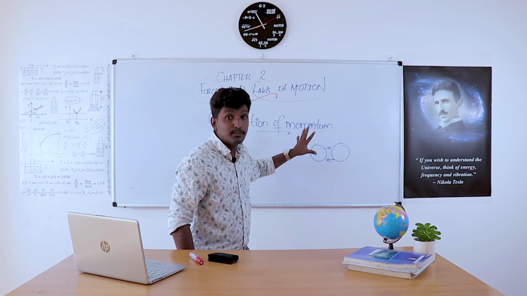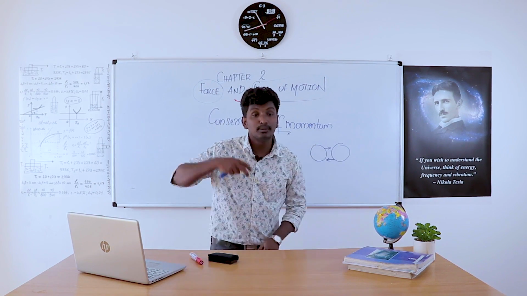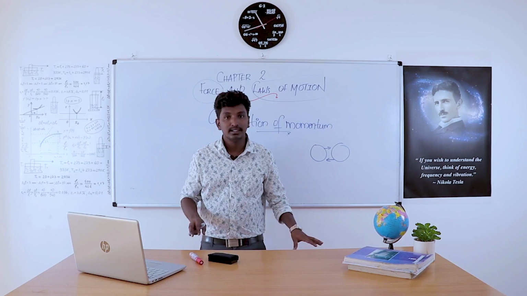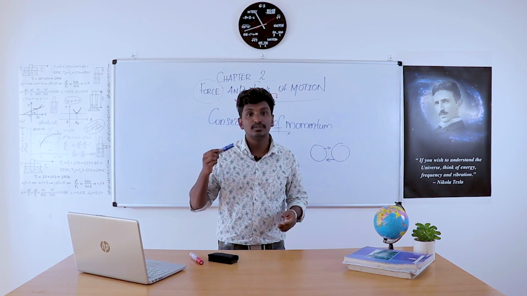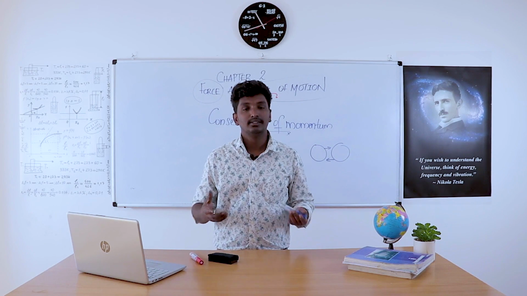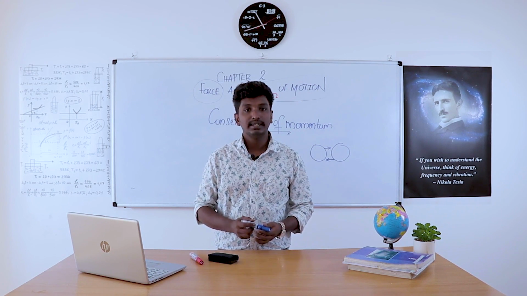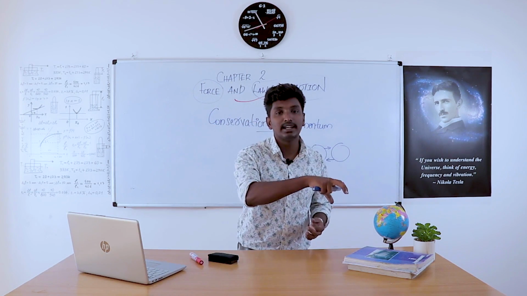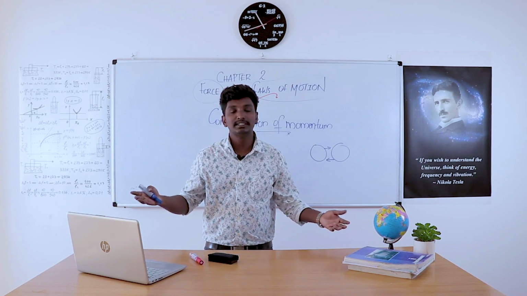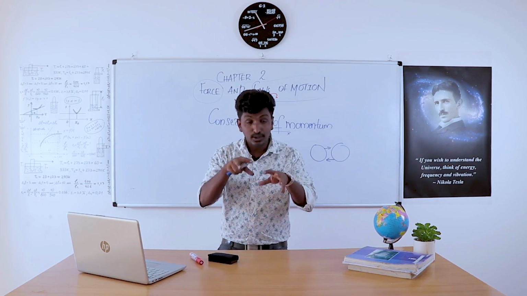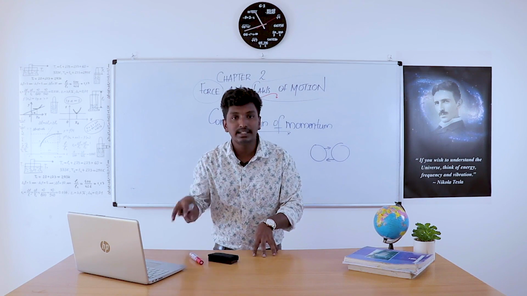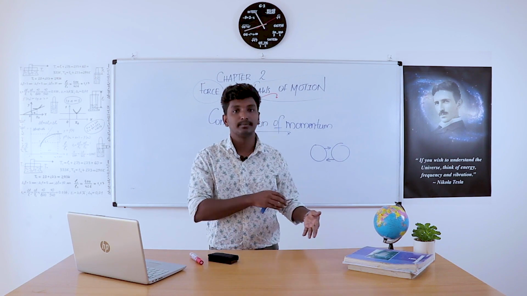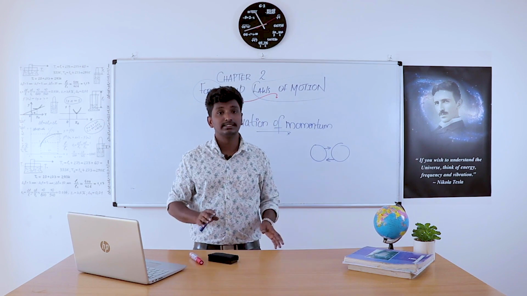Likewise, when firing a bullet from a gun, if the momentum before firing and after firing are equal, then also momentum is conserved. That means total momentum before an event is equal to total momentum after that event.